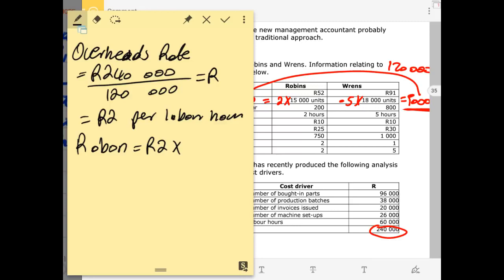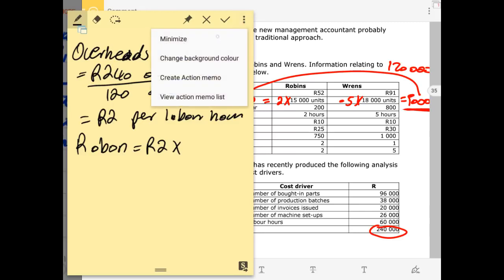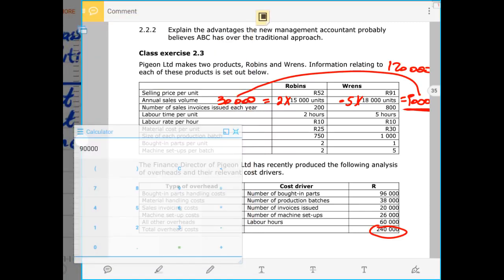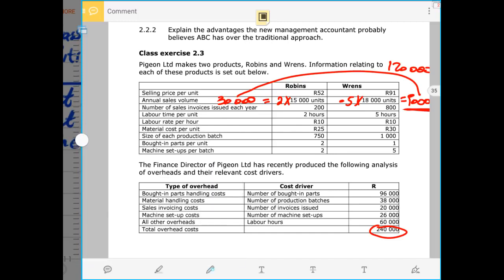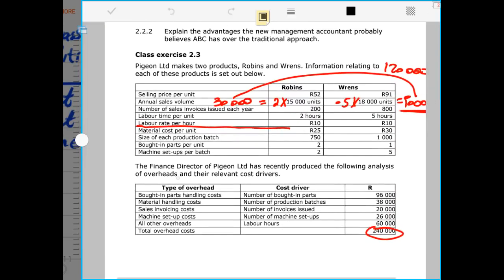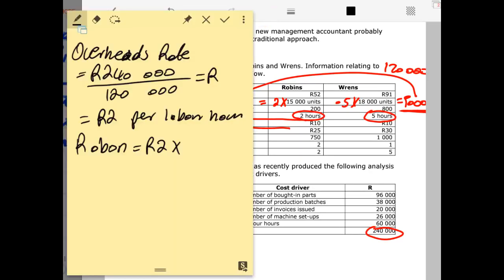We know that the labor hours per unit for Robben is 2 hours, and for REN, labor hours per unit is 5 hours. So now we say times by 2, and if we multiply this by 2, it will give us 4 rand of the overhead.